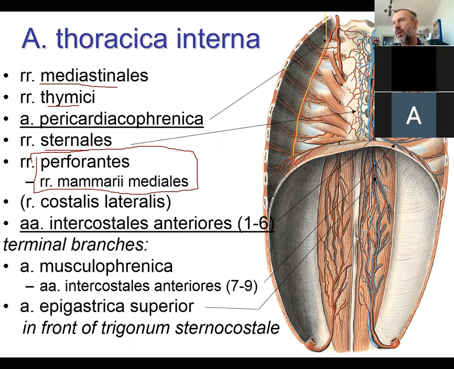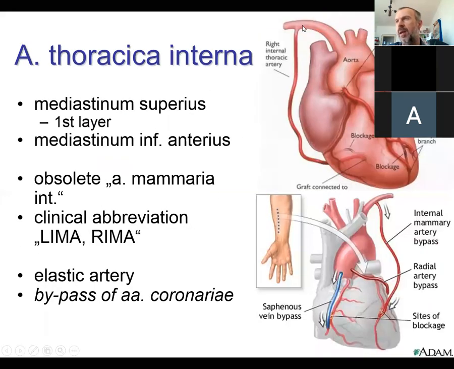As you can see, the artery runs here, and it can be used if you cut all these branches. It can be used as a bypass for the heart. You open the sternum by sternotomy, yeah, in the midline. You cut all the branches and you free the artery, and then you use the artery as a bypass. Yeah?